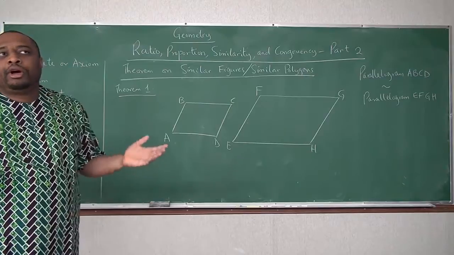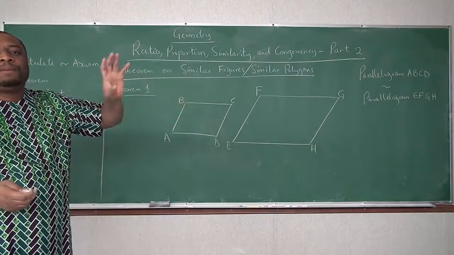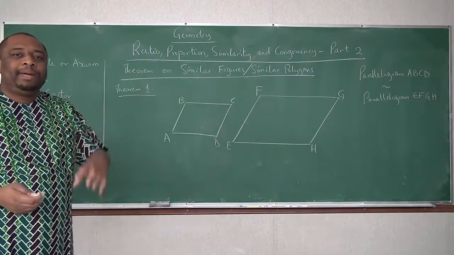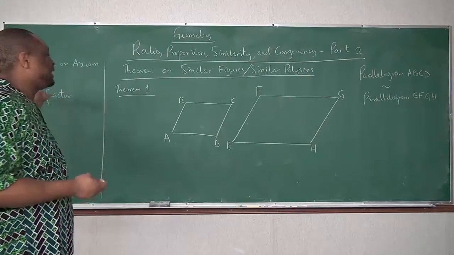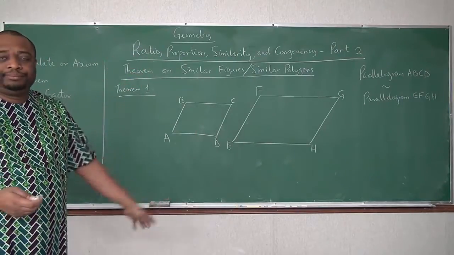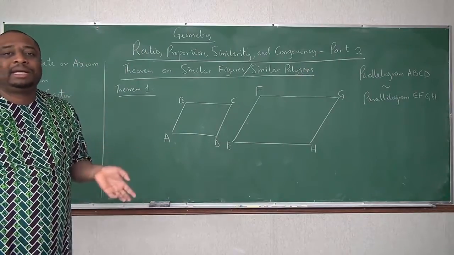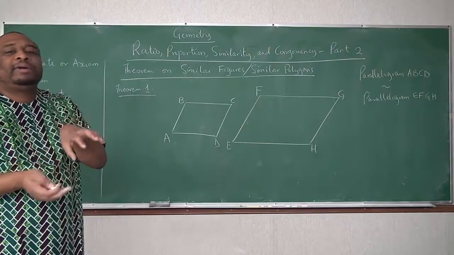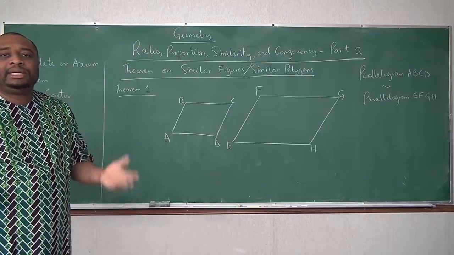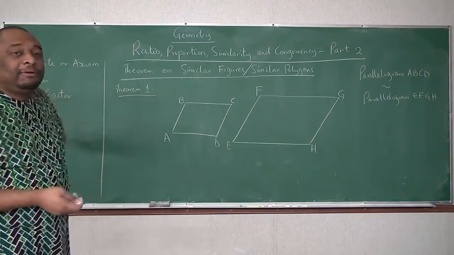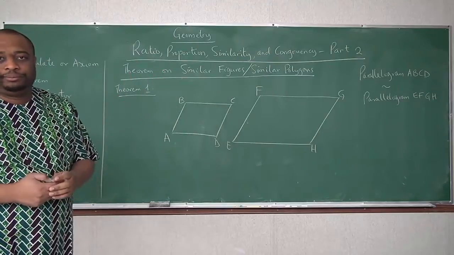Or you can put it this way: if two polygons are similar, then the ratio of their perimeters is proportional to the scale factor between them. Because scale factor is what? The ratio of the corresponding sides of two similar figures. We defined it in part 1 of the video.